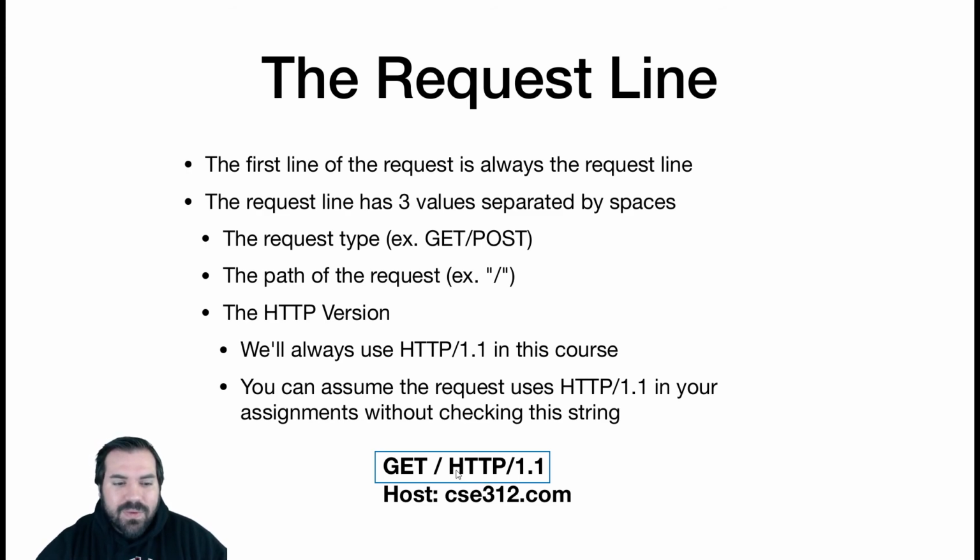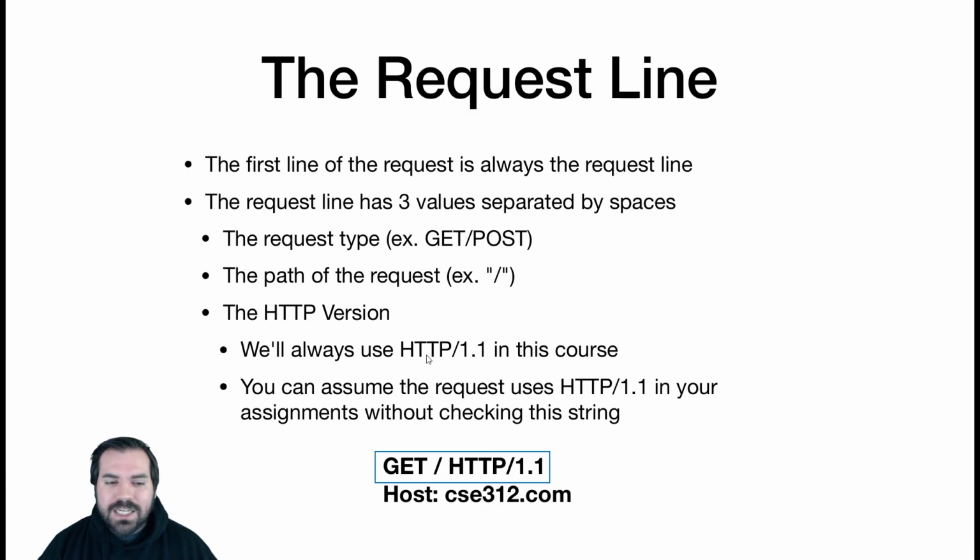We're always going to have the request line in this format like we saw on Friday, where we have the type of the request, for our purposes either GET or POST, followed by a space character, followed by the path of the request, including any query strings or fragments, followed by a space. In this case, we're just requesting / the root path, followed by another space, and followed by the HTTP version.